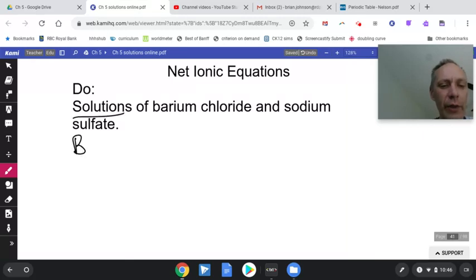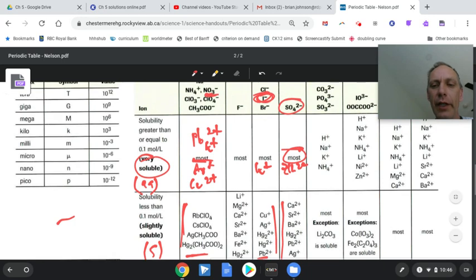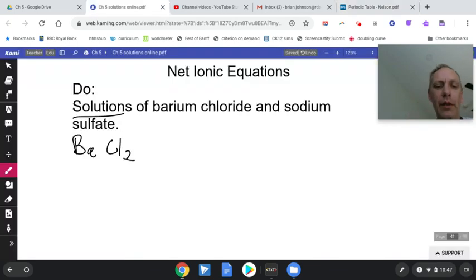Solutions. So aqueous, barium is a 2+, chloride is a 1-, BaCl2. I'll just verify that. Chloride right there, and barium is not in this list, so barium 2+ is up there in the mostly soluble. Okay, so aqueous, high solubility.